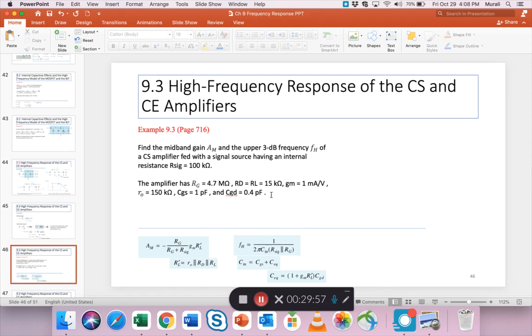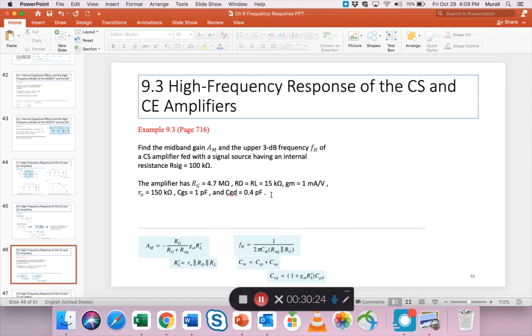Then the upper 3 dB frequency FH is found using the formula shown there. You get 382 kilohertz.